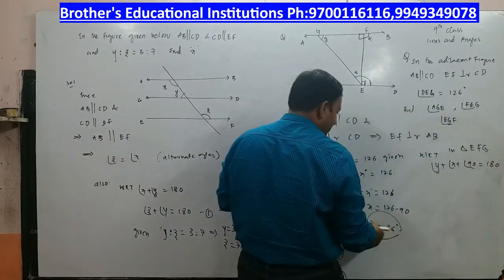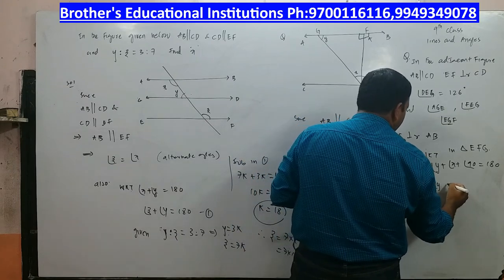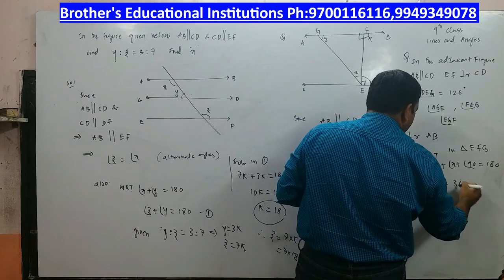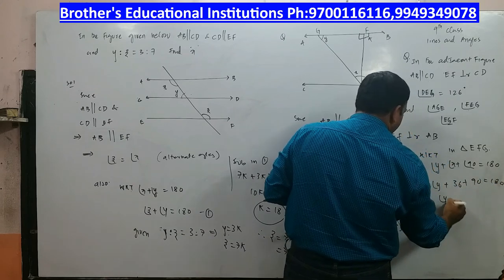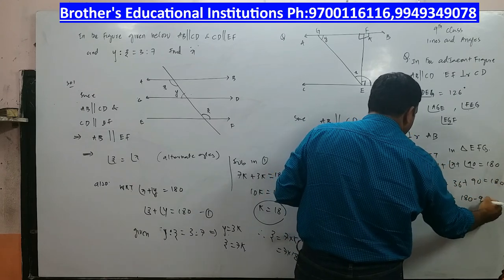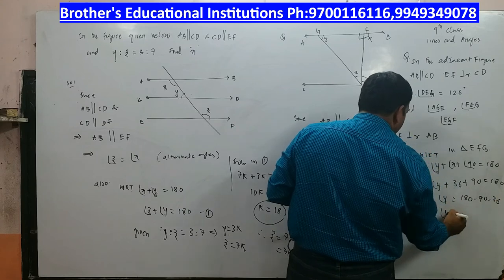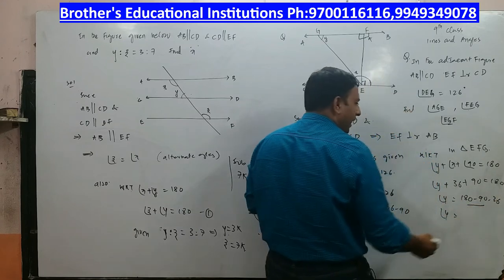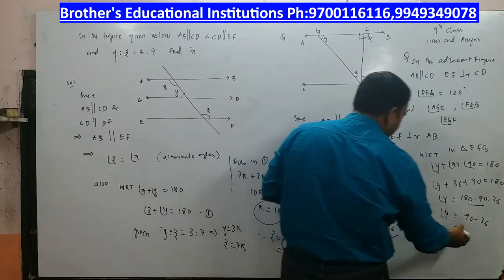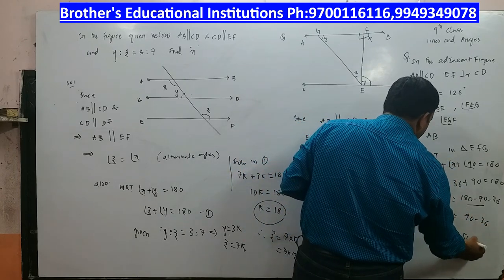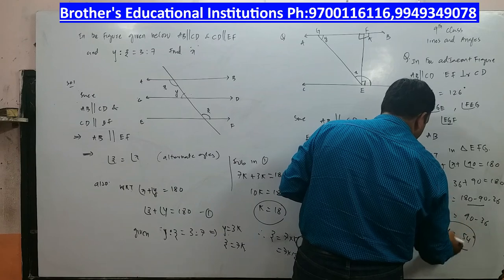What is angle X? You got 36. So angle Y plus 36 plus 90 is equal to 180. Now angle Y is equal to 180 minus 90 minus 36. What is 180 minus 90? 90. 90 minus 36 is 54. So angle Y is equal to 54 degrees.